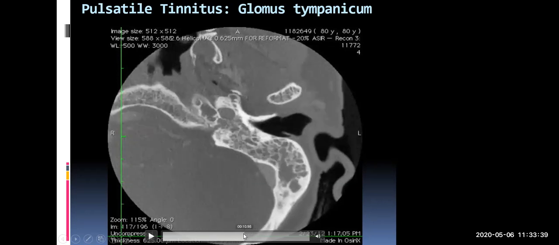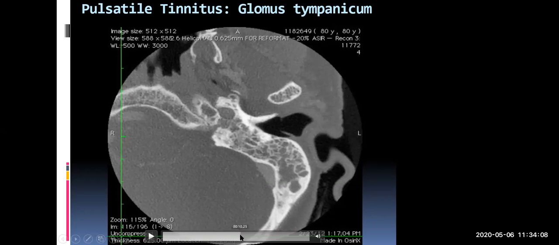Now, a word of caution is that in many patients, what you're looking at in this area and think is bone marrow, similar to the clivus, is actually tumor cells. So glomus tumors in general have this pattern of extension that goes through the bone and simulates bone marrow. For this, you need an MRI to look at this area and see if there's enhancement or not, to know whether you're dealing with tumor here or just bone marrow.